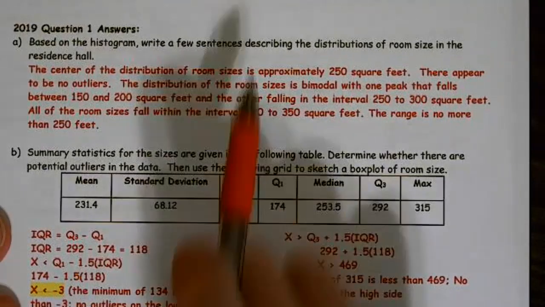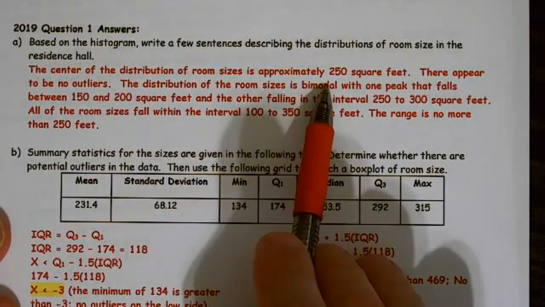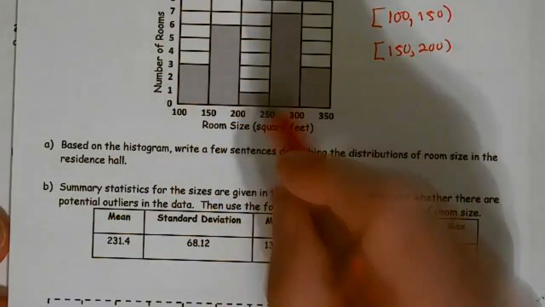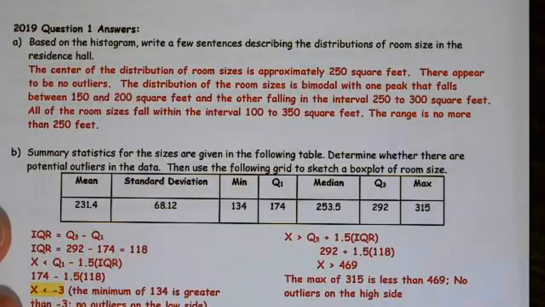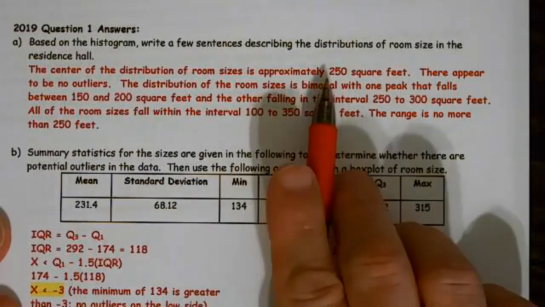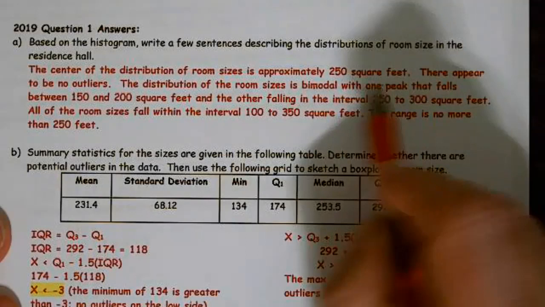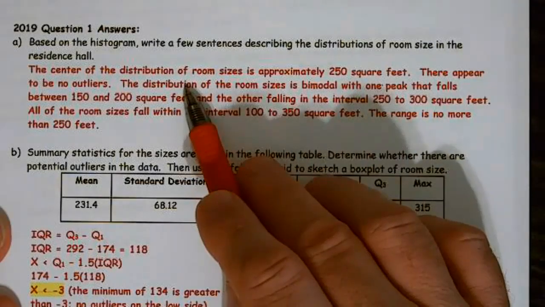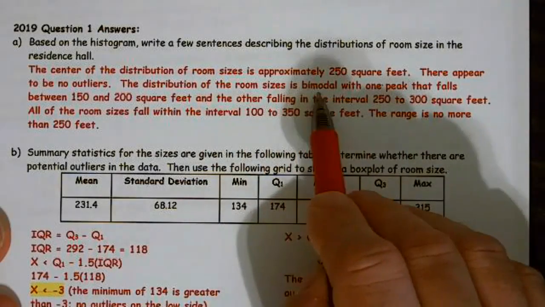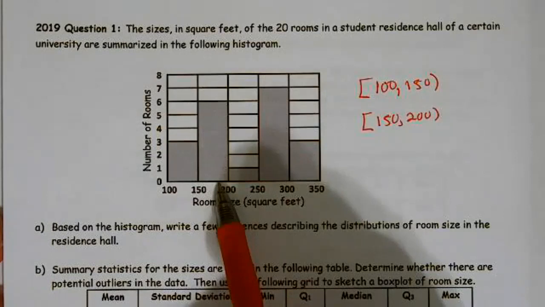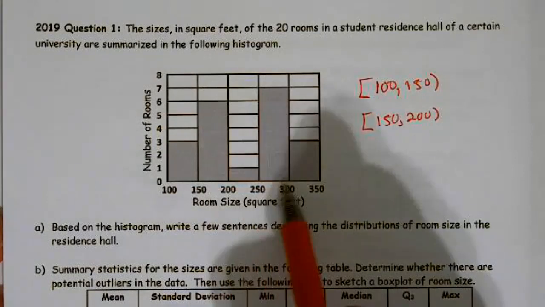So the center of the distribution of room sizes is approximately 250, or between 200 and 250 is fine. 225 is fine. They accepted all of those. There appear to be no outliers. The distribution of the room sizes is bimodal with one peak that falls between 150 and 200, and the second peak is between 250 and 300.